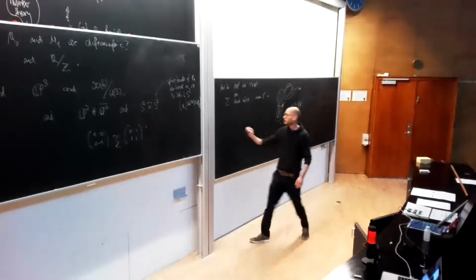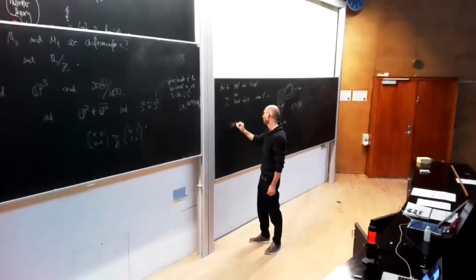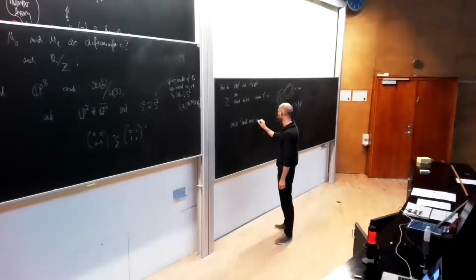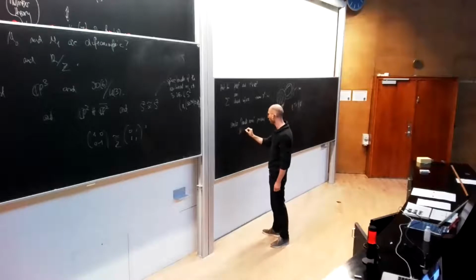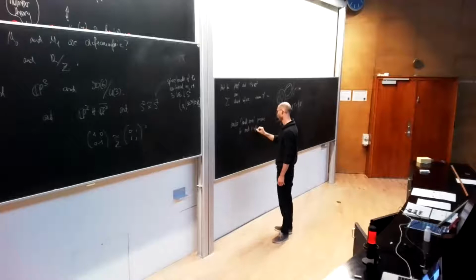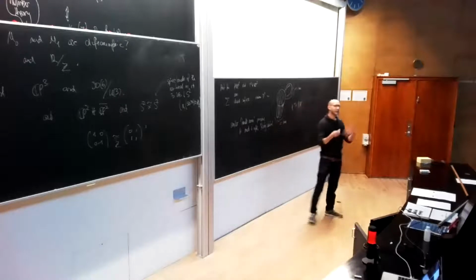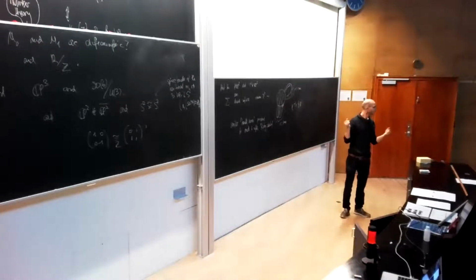And I claim that there is a similar handle move procedure or strategy for simply connected four-manifolds, so for smooth four-manifolds, where that procedure is called Kirby calculus. So the diagrams become more complicated because the four-manifold is more complicated than the surface, so you encounter more stuff.